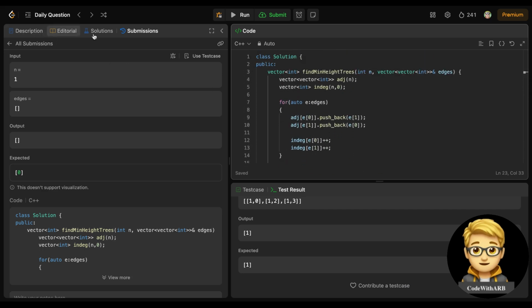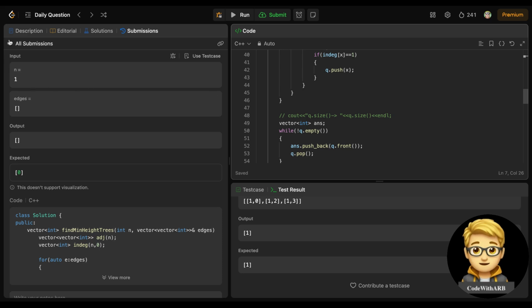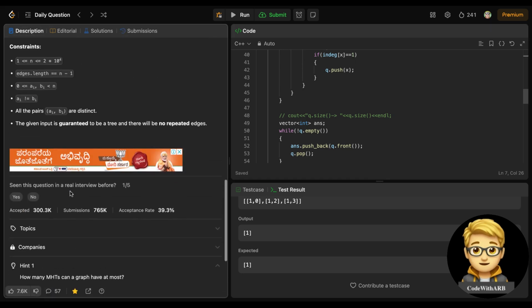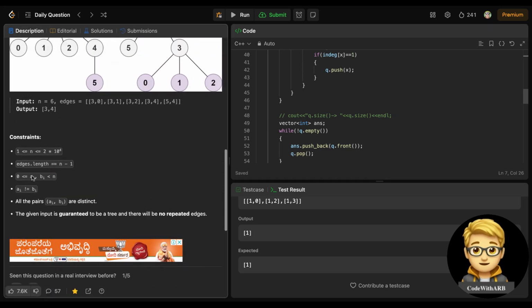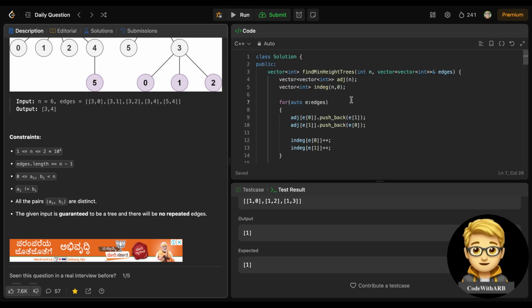So we have missed the test case where no edges are possible. I think we haven't taken a constraint here, right? Edges dot length can be n minus 1, and n can be 1 only. So yeah, it is possible that there is only one node.